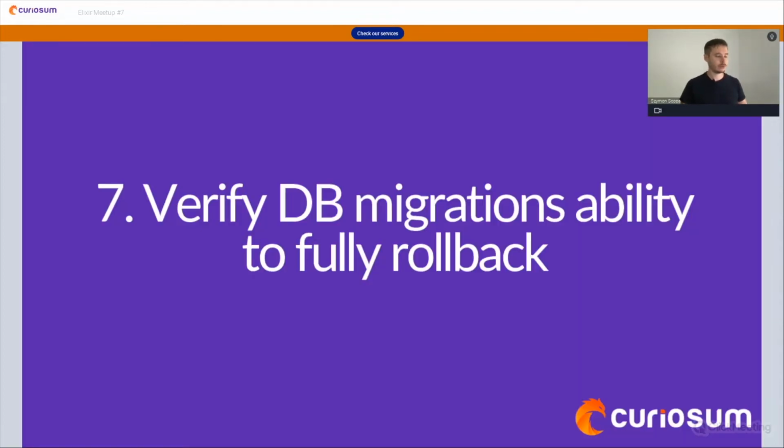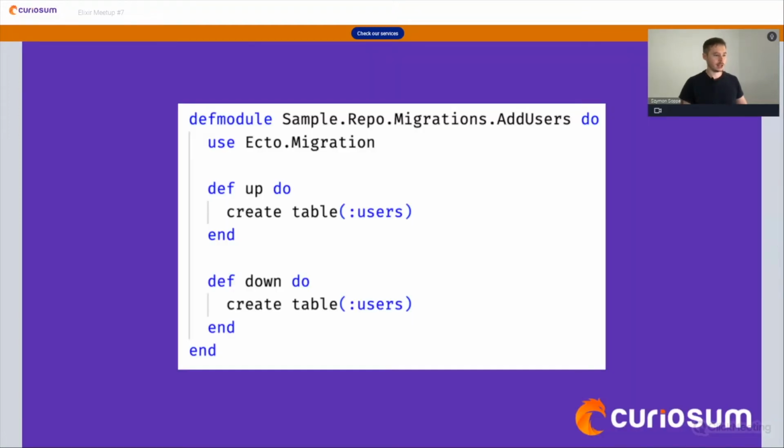Then, of course, if you don't have any DB in your project, then you don't need this. But if you do, and that's most of the cases I think, you will verify the DB migrations' ability to fully roll back. Let me give you an example of a migration that can't be rolled back.